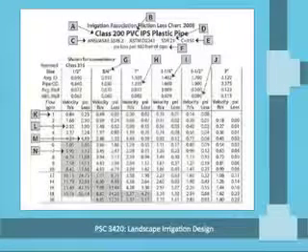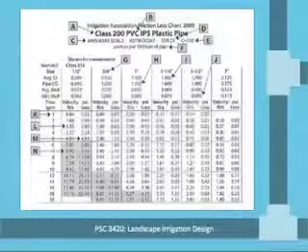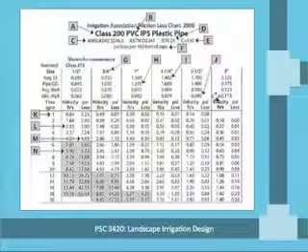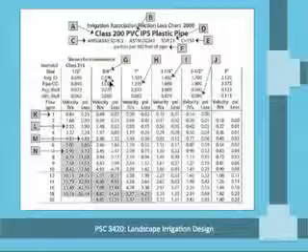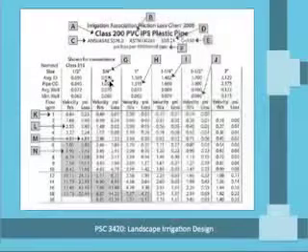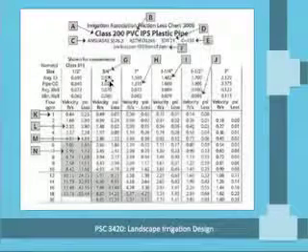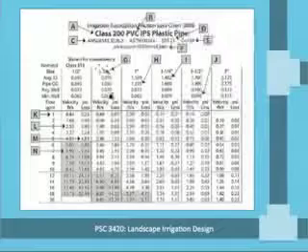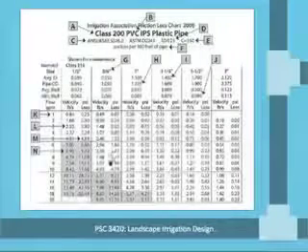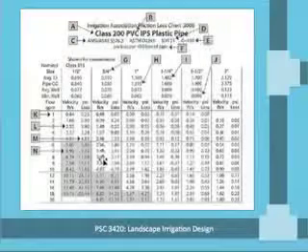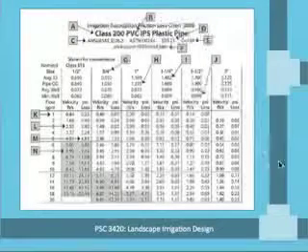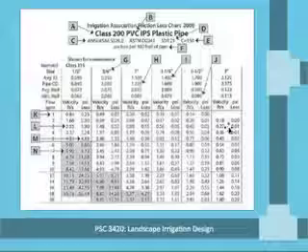Okay, so next, G. Let's see, G, size. This indicates the nominal size of the pipe. So none of the listed pipe dimensions are exactly that size. So let's say in this column, none of these are actually 3/4 inch. And we discussed that when I was going over some of the factors with friction loss here.